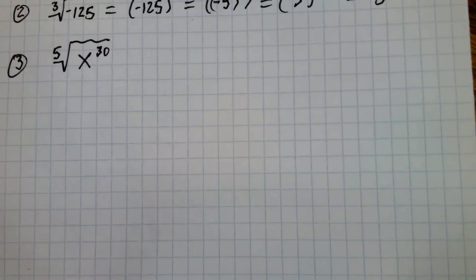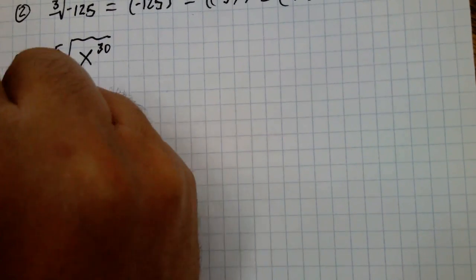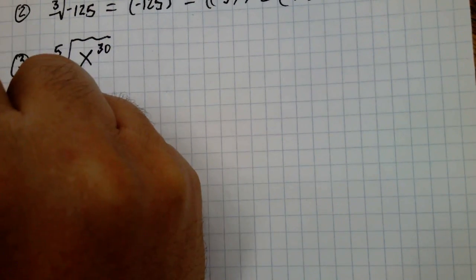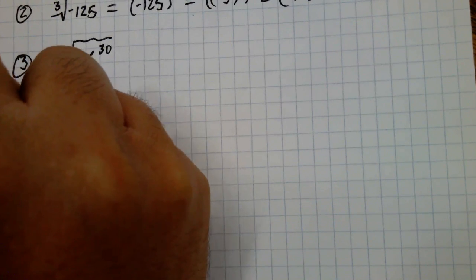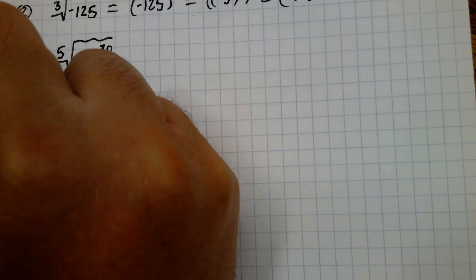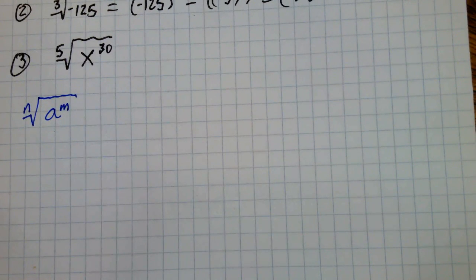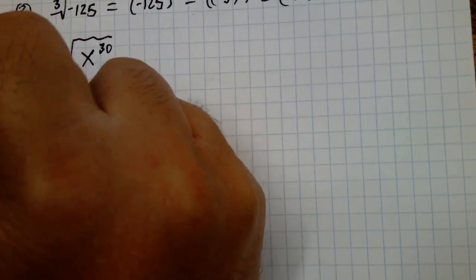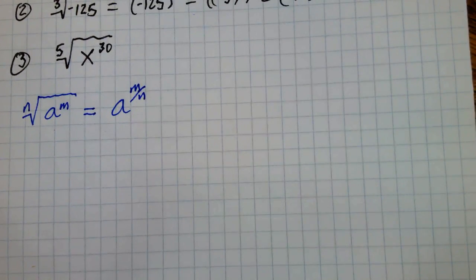So here it is. If you have the nth root of something raised to the m power, you can rewrite this as a to the m over n. Go ahead and write that down.